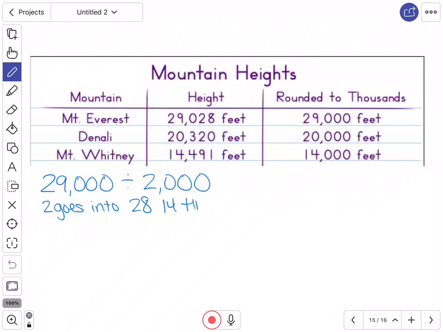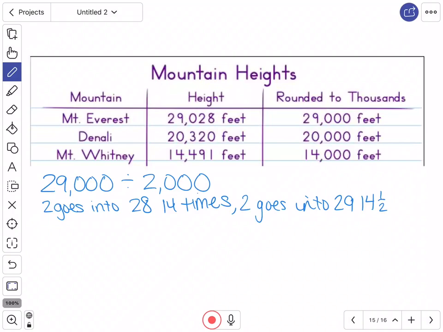Now when I'm looking at the 29,000, well, I know that 2 goes into 28 14 times. So if it goes into 28 14 times, that would mean that it goes into 29 14 and a half times, right?